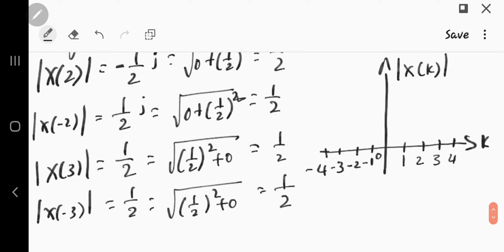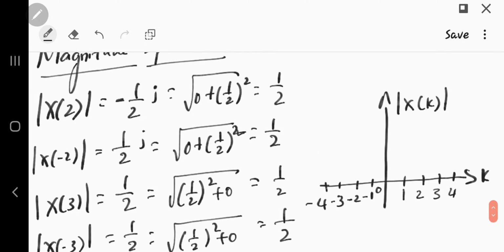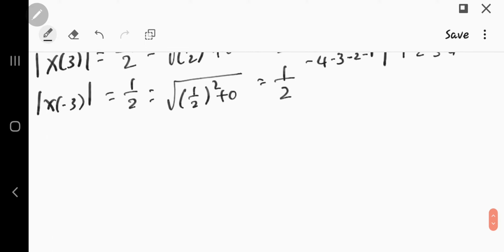At x of 2 we have 1 by 2 here. At x of 3 we have 1 by 2 here. At x of minus 2 again it is 1 by 2, and at x of minus 3 again it is 1 by 2. So we have completed the magnitude spectrum. Now going for the phase spectrum.